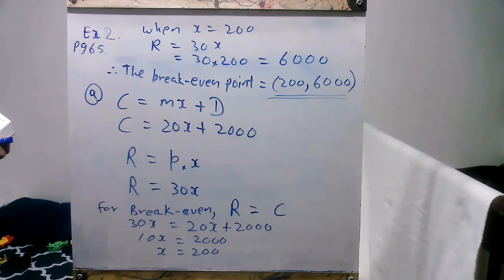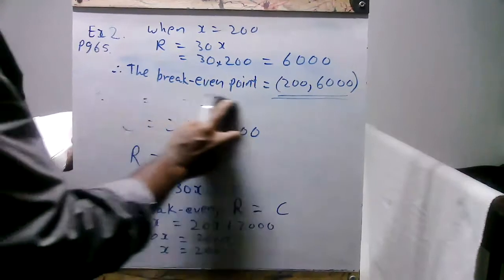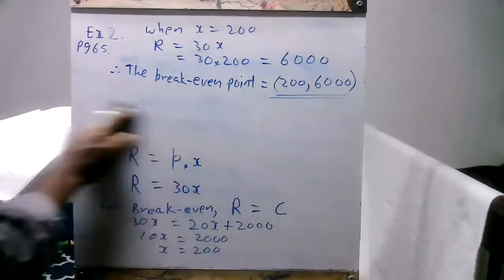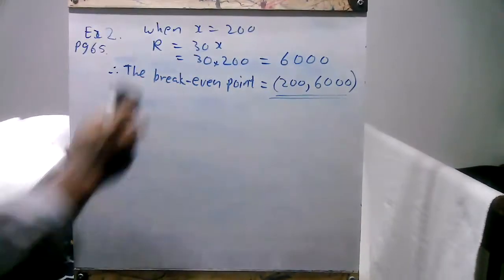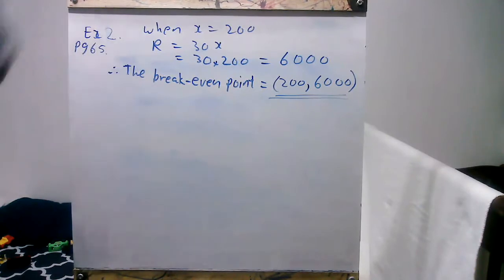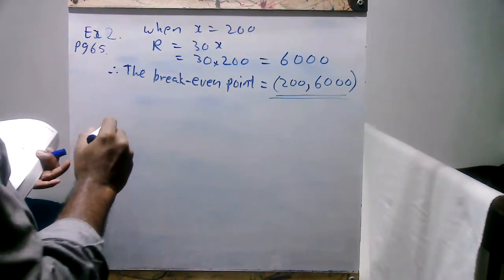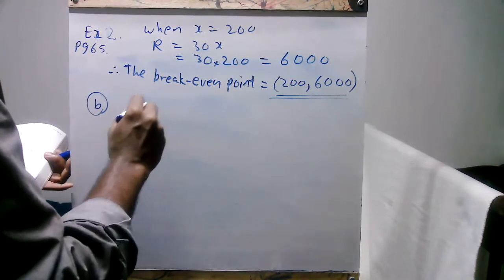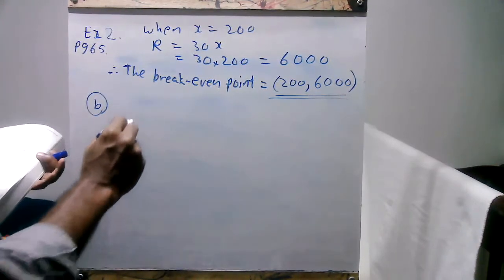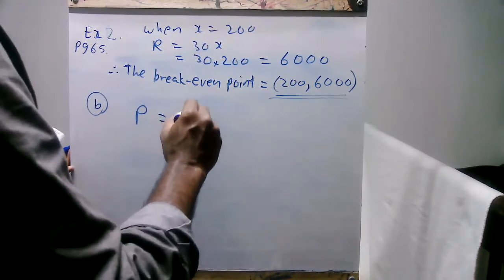Part B. Find the profit equation. I'm gonna erase this part A. How do we get the profit? Profit equal to revenue minus cost.